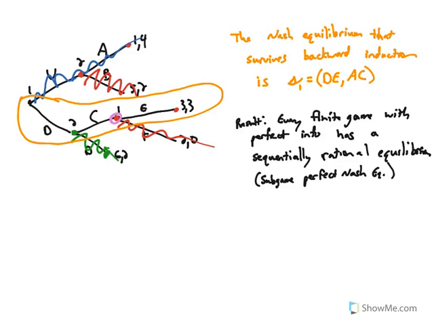Okay. So this was a non-credible threat to play F by player 1. Okay? Player 2 believes it, so she plays D, leading to a payoff of 6-2. Okay?